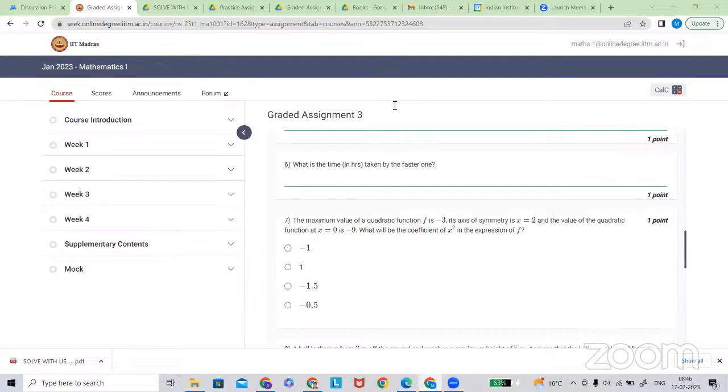Everything is written clearly. The maximum value is given, the axis of symmetry is given, and the value of the function at 0 is given. So what is the problem now? How to find b, sir? That is something you need to solve.